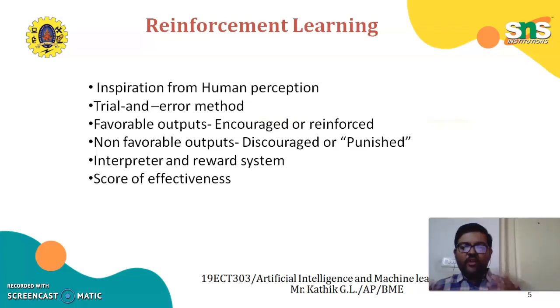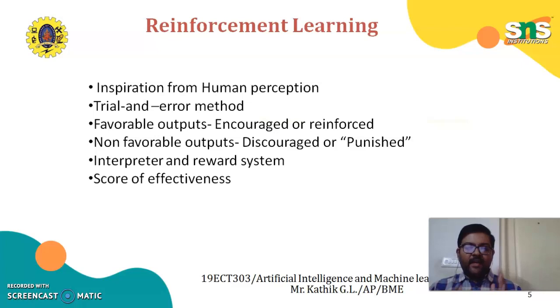Next one is reinforcement learning. This is like how we human beings learn, right? We human beings learn from mistakes. So it is actually inspired from human learning or human perception. Trial and error method is done here. The outputs are divided into favorable and non-favorable outputs based on the score of effectiveness. The favorable outputs are encouraged or reinforced, whereas the non-favorable outputs are discouraged or punished or discarded.